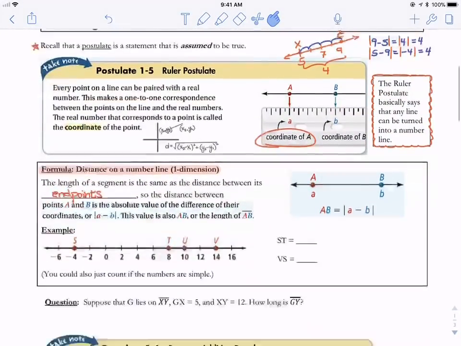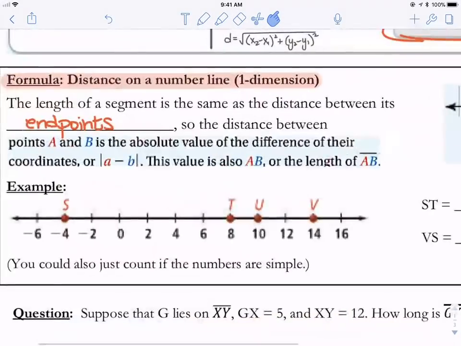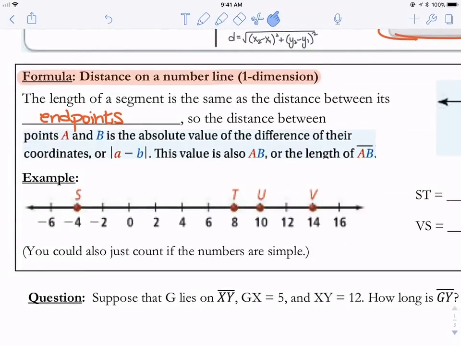It's a number. Okay, so the length of a segment, just like I said up above, if we want to know how far apart 2 points are, we're going to subtract the coordinates and then take the absolute value. Subtract the endpoints' coordinates and then take the absolute value.